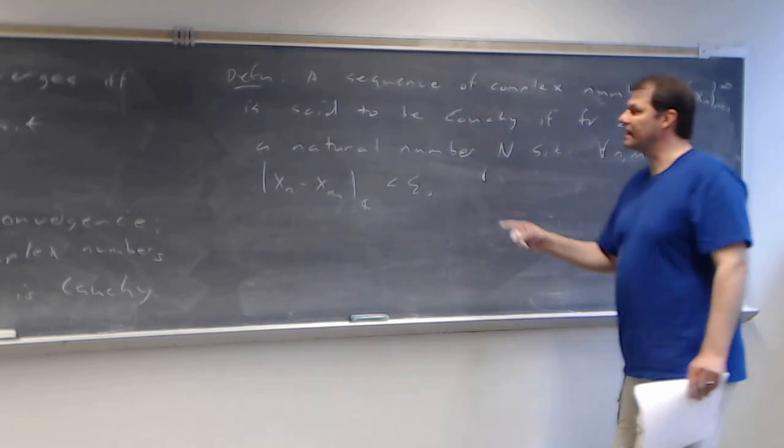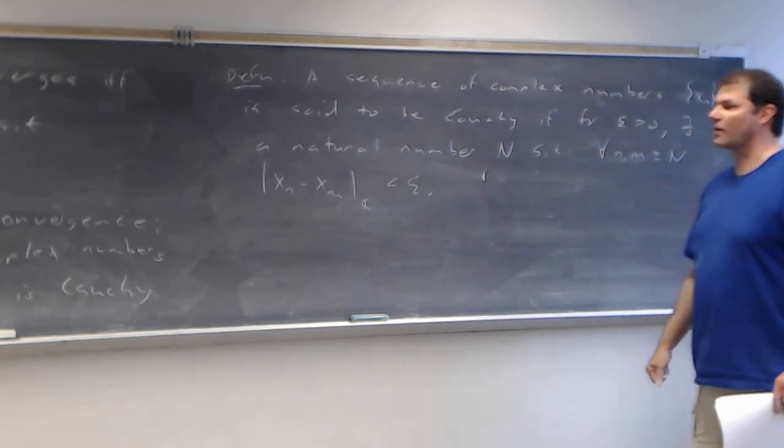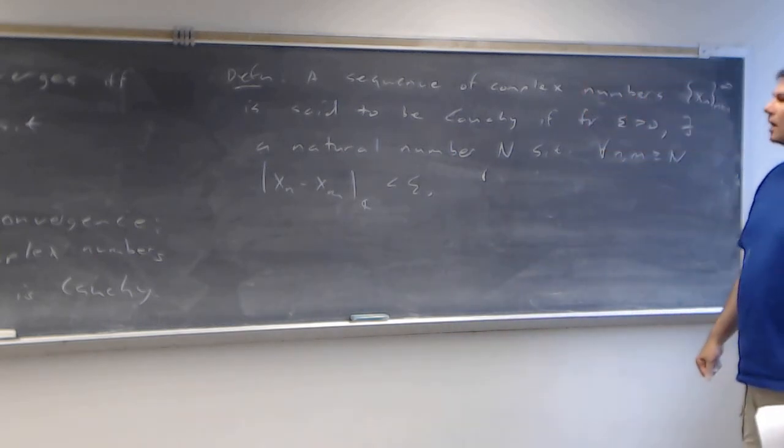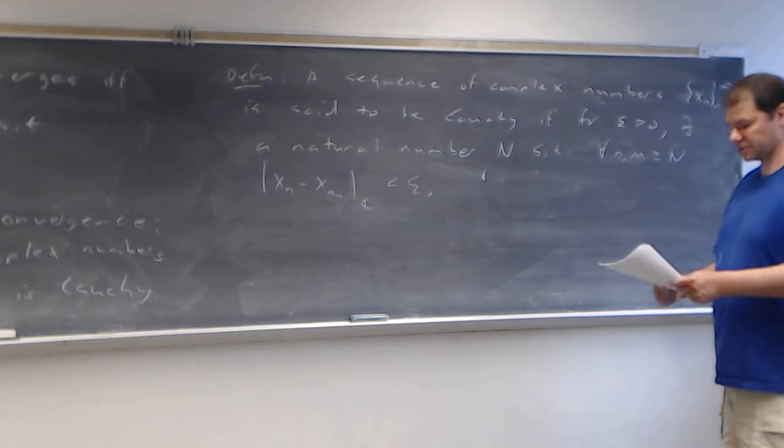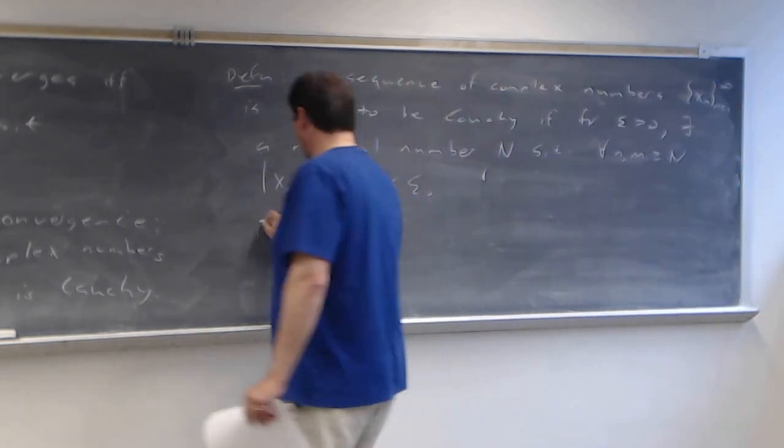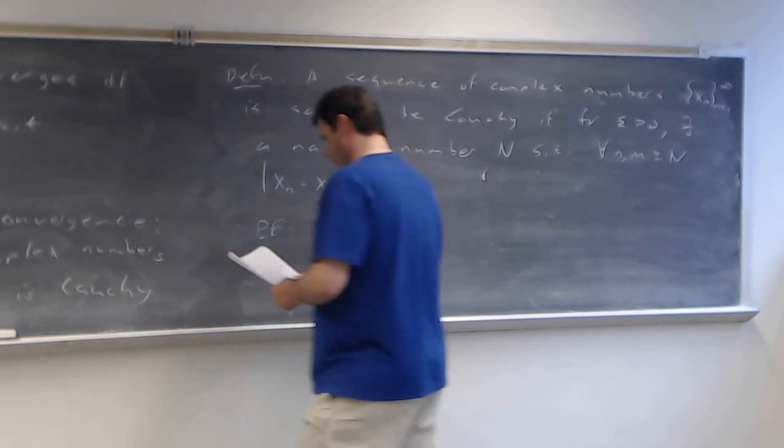Okay, so really, the statement of our theorem is nothing more than the Cauchy criterion for convergence applied to the sequence of partial sums. We'll hammer out those details and write down the proof here.